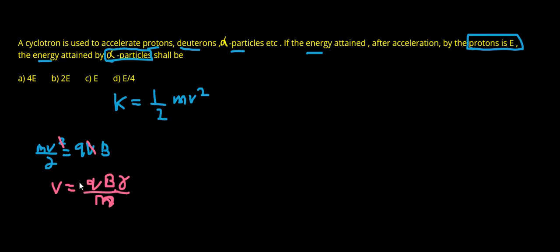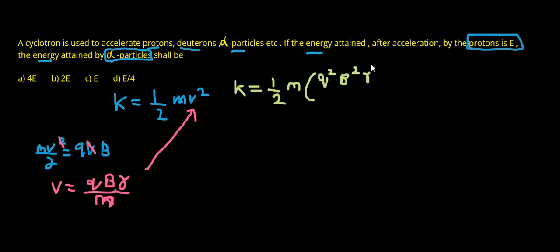When you substitute this v value here, you will get the kinetic energy K equal to 1 by 2, that is half mass m. So v square can be written as q square B square r square by m square.